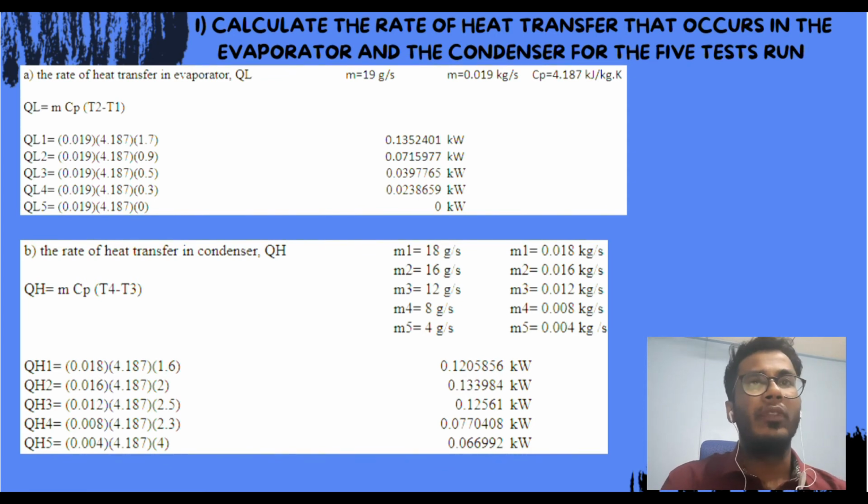So the answer for the rate of heat transfer in the first test is 0.1205856 kilowatt. The second rate of heat transfer for the second test run will be 0.133984 kilowatt.